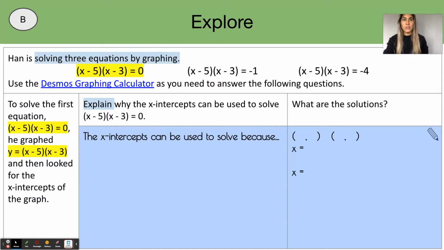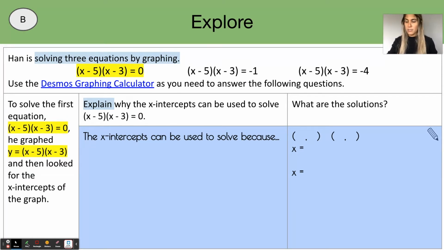Okay, so we are now looking at the Explore portion of our lesson. You should have already finished your introduction launch, and after you finish it, you're going to come to your Explore. Now, in your Explore, it says, Han is solving 3 equations by graphing.